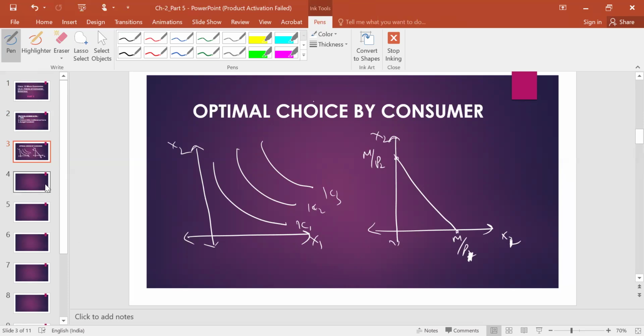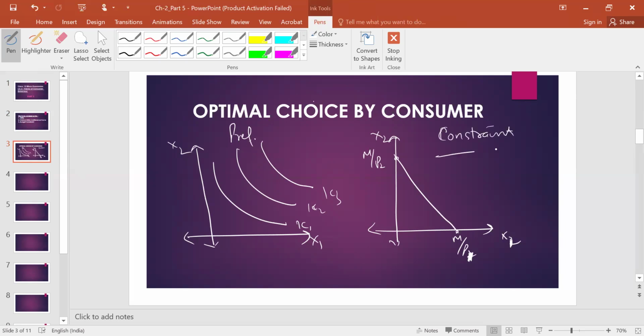All right. Now, we will understand how the consumer is going to take the final choice, like the final consumption bundle which the consumer is going to consume, given his income, his preferences and his constraint.